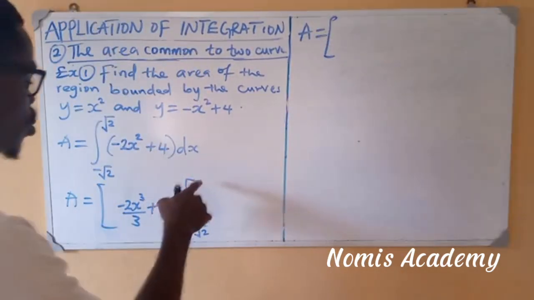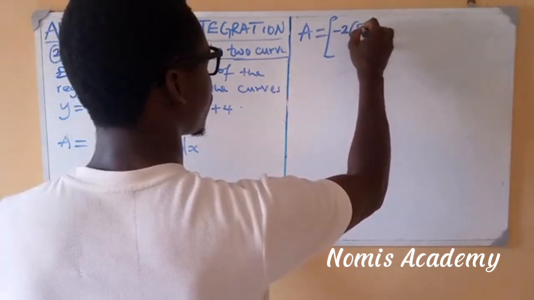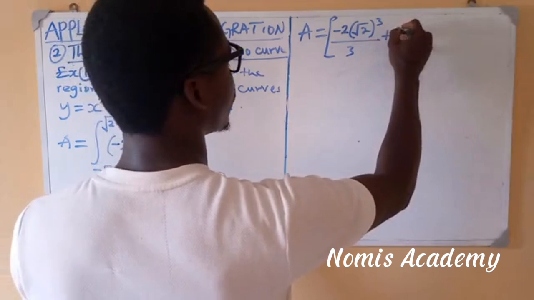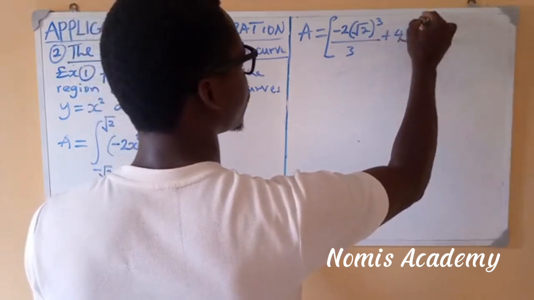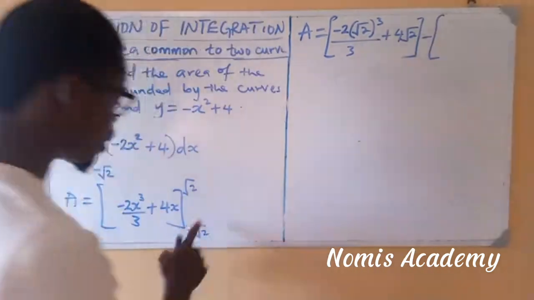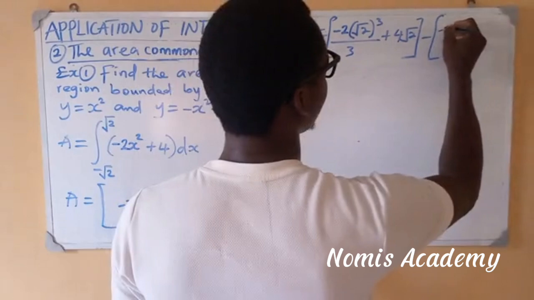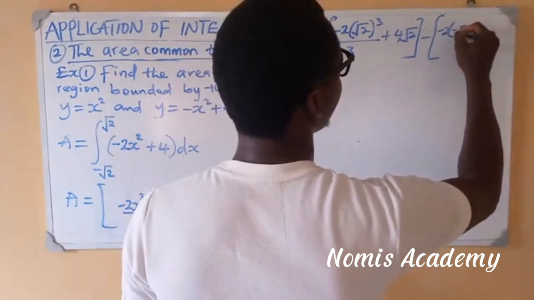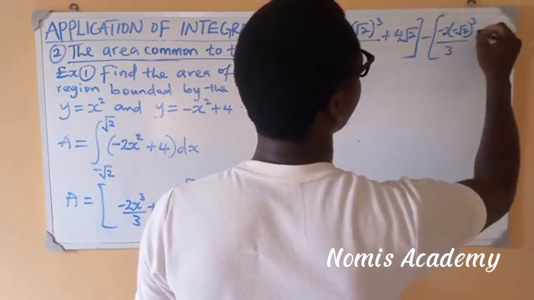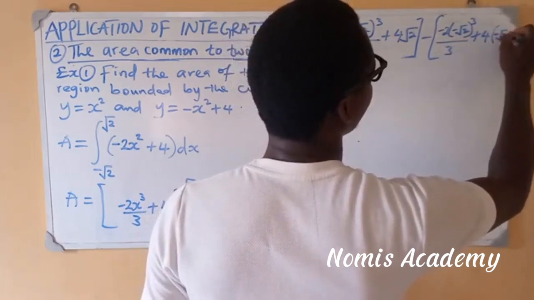When x is root 2, we have minus 2 root 2 raised to the power of 3 all over 3 plus 4 root 2, minus, when x is minus root 2, here we have minus 2 times minus root 2 raised to the power of 3 all over 3 plus 4 times minus root 2.